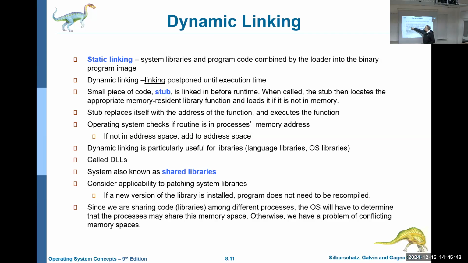The operating system will check if the routine is in the process's memory address space. If not in the address space, add it to the address space. So that's a key point. If it's program code from another program, well, remember we set up, this is my memory, this is your memory, this is somebody else's memory. How am I able to use memory that's already been loaded for some other program? It's in his memory. So we have to add the beginning and ending somehow.